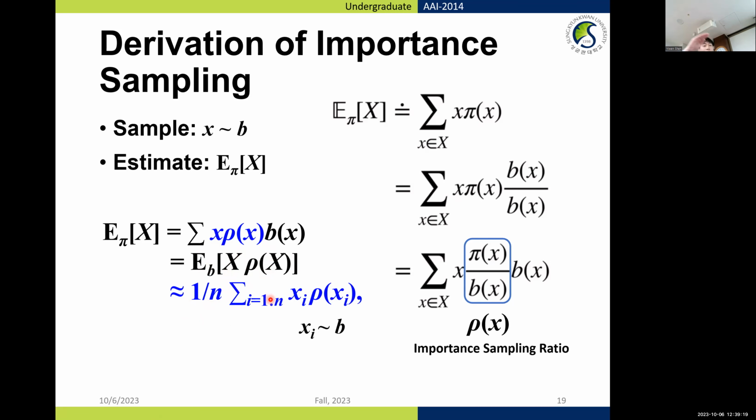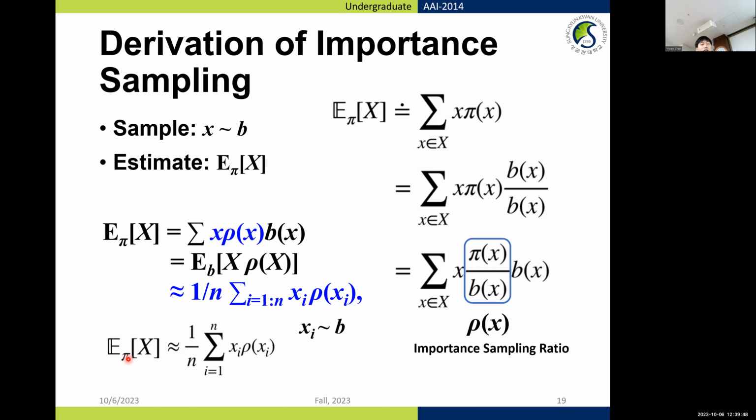This is just an average, where xi follows the distribution B. So now we can calculate the expectation of random variable x based on policy pi, using samples from B. This is the foundation of importance sampling.